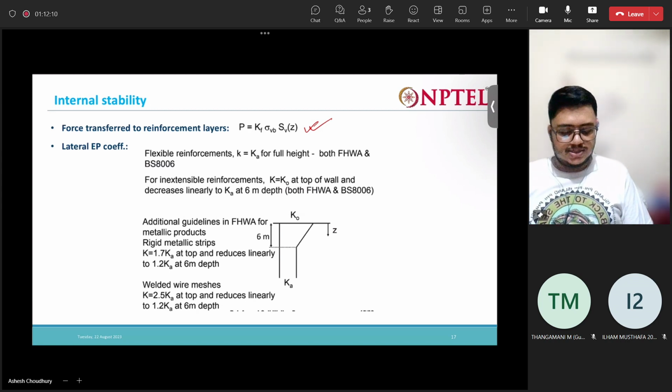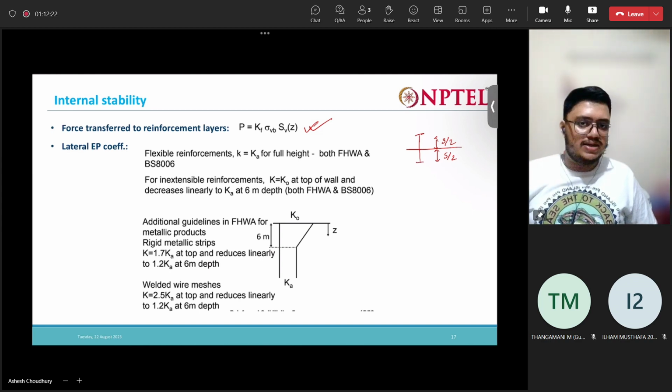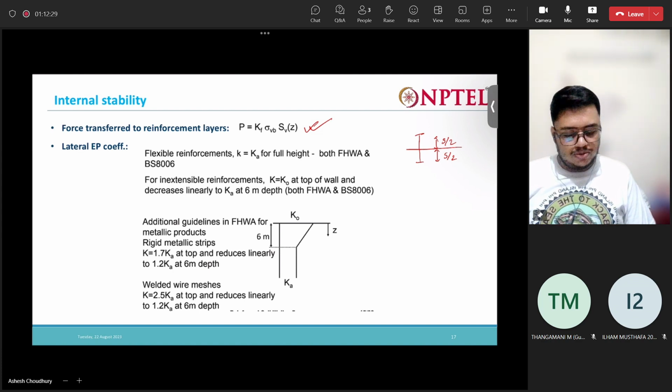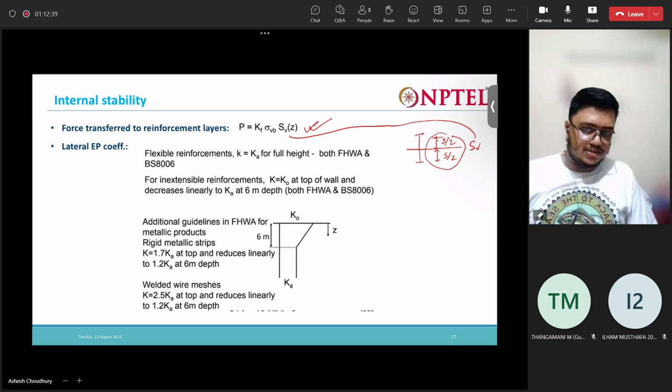Okay, so say this is the reinforcement, and we consider that this is the total spacing, right? We consider that the soil Sv/2 above and Sv/2 below affects the reinforcement. So we consider this spacing, Sv here. The vertical load multiplied by K into Sv.